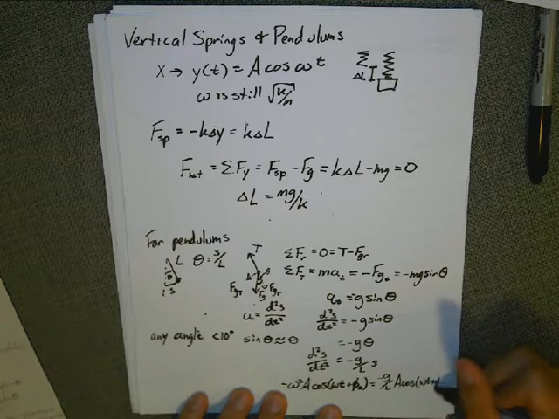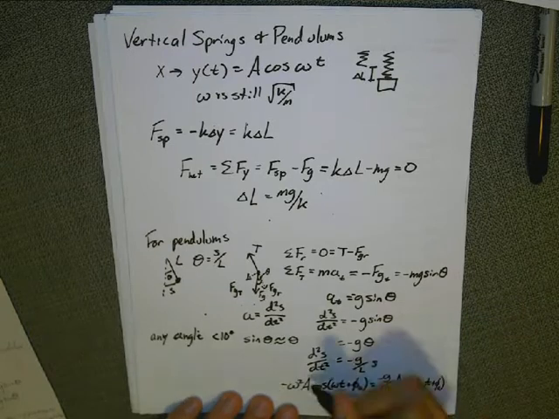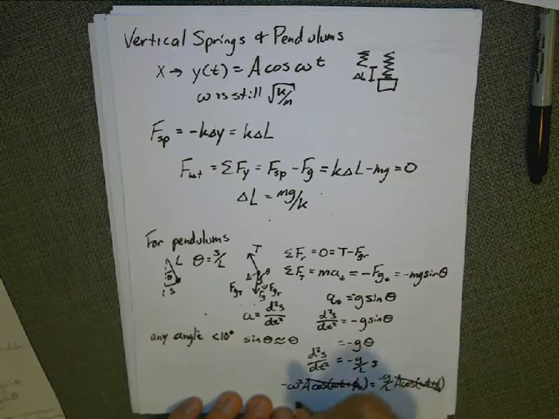This term cancels, this term cancels. So I'm left with omega equals the square root of g over L.